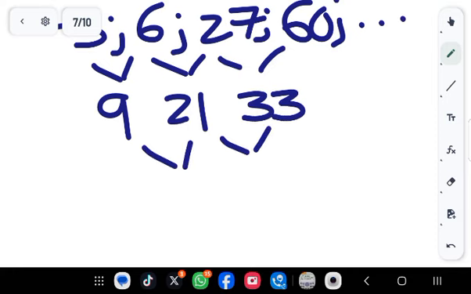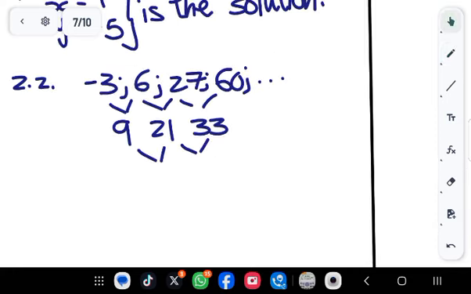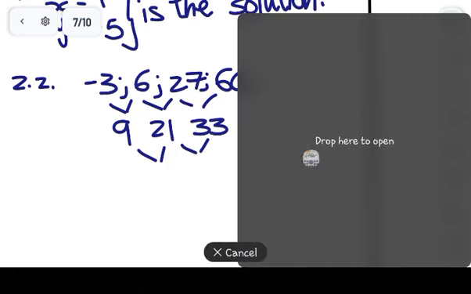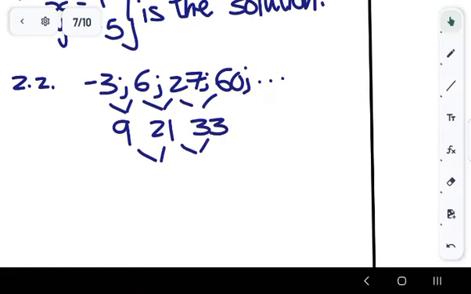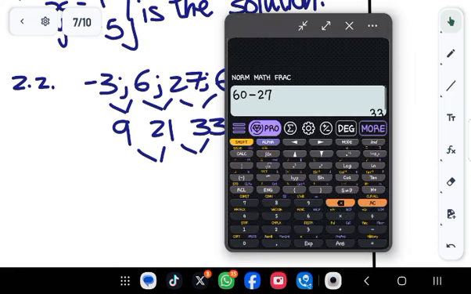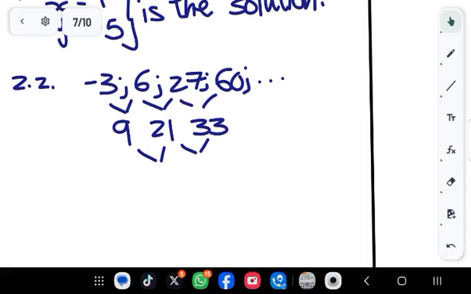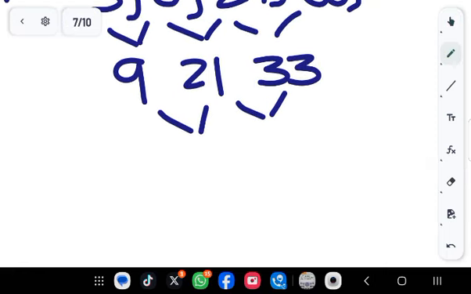Meaning that the second level should be 21 minus 9, which gives us 12. Let's check 33 minus 21 for your convenience, that also gives us 12. So the second constant difference is 12 in both of them.